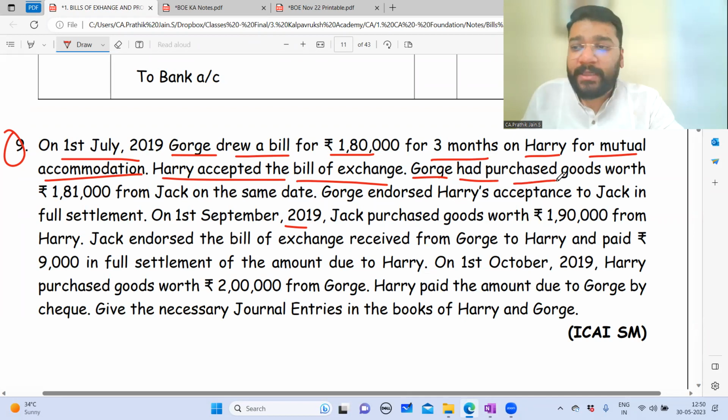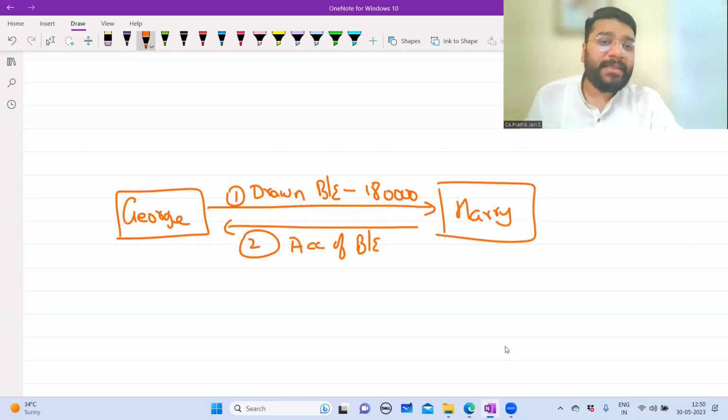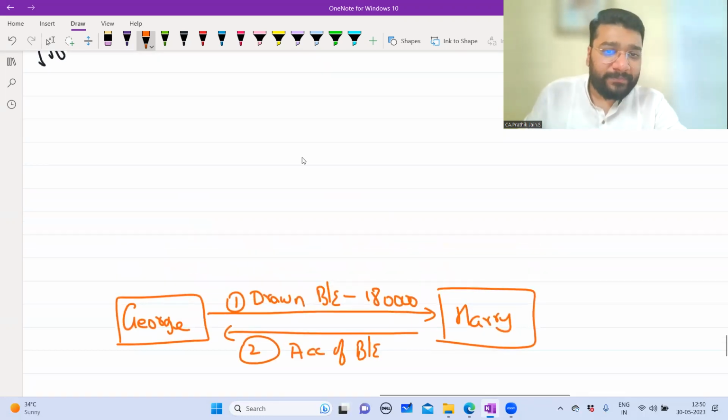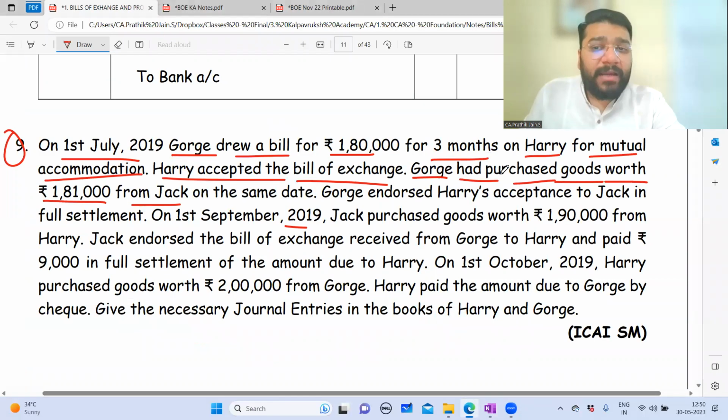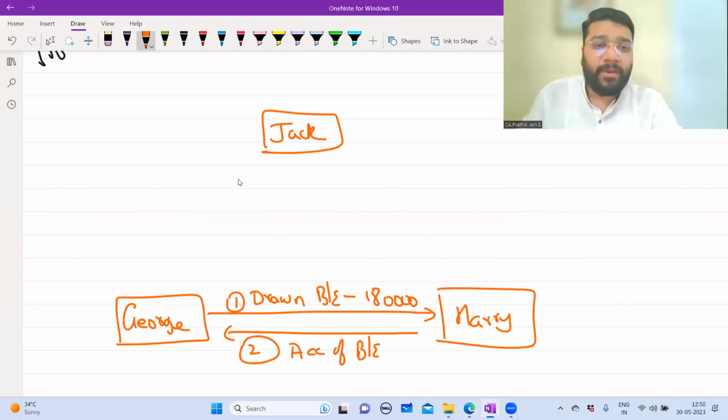Now what happens is that G had purchased goods worth 1,81,000 from Jack. So now there is a third party called Jack. G had purchased goods from Jack for 1,81,000 rupees.